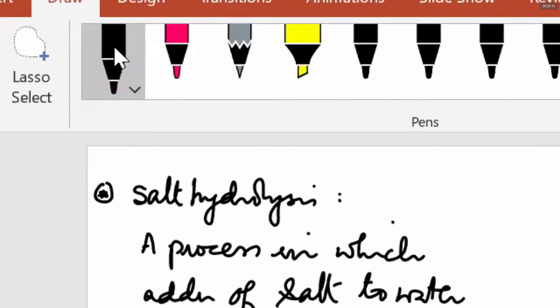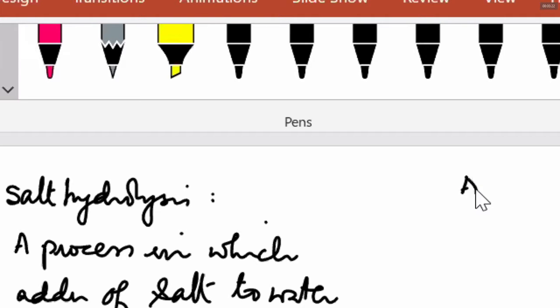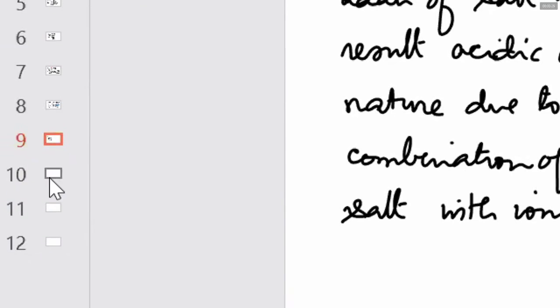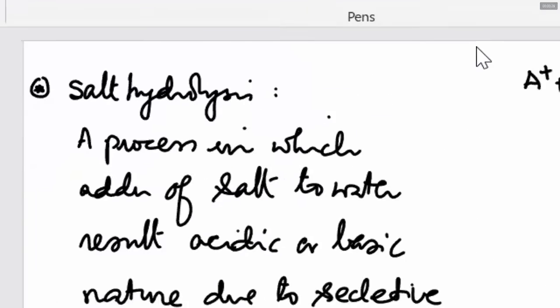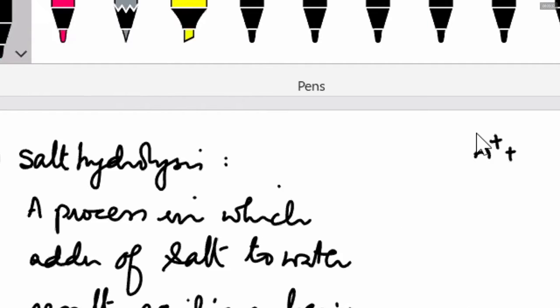For that purpose, let us take an example. Suppose I am having A plus B. Yesterday, I think I showed you that one. We are having a salt, for example, sodium chloride.